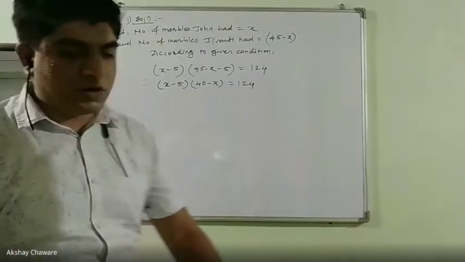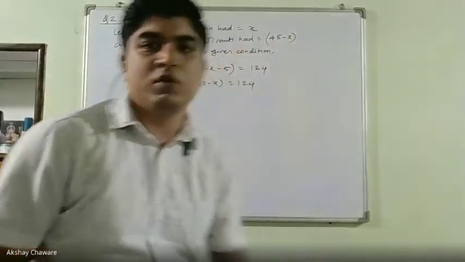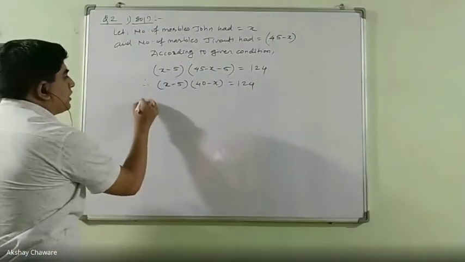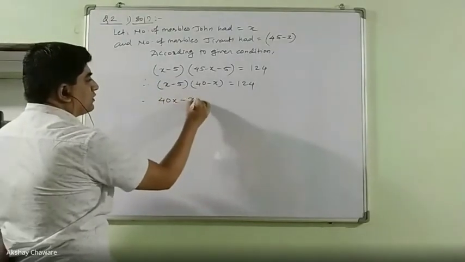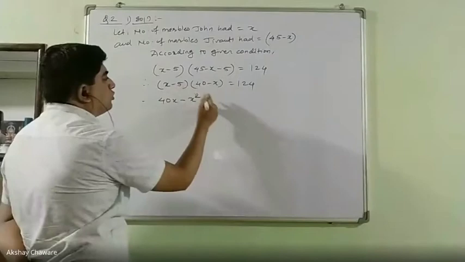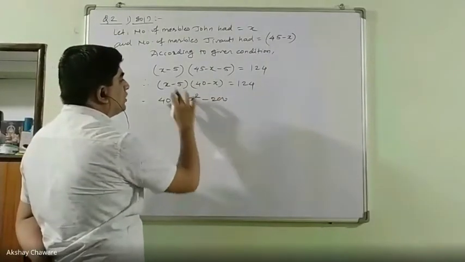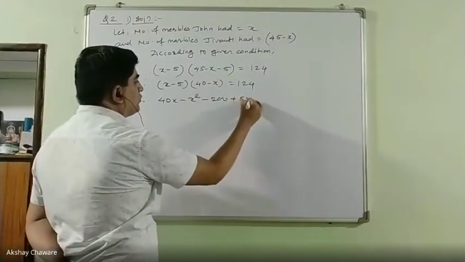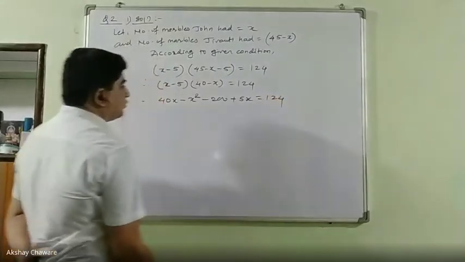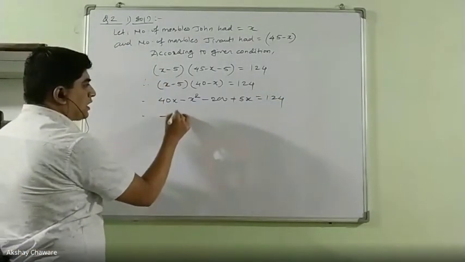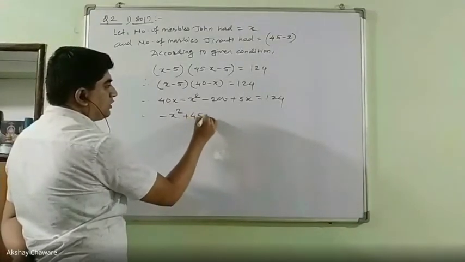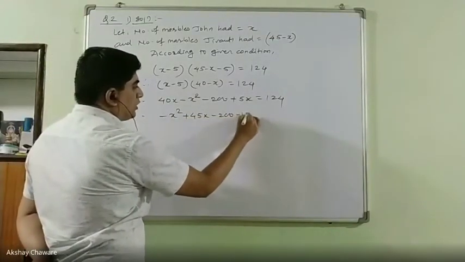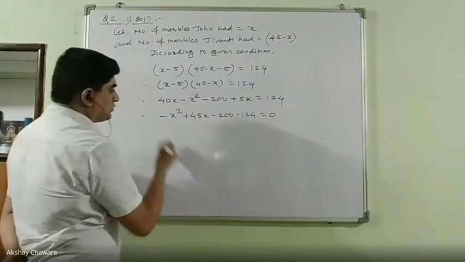So again there are two brackets, x minus 5 and then 40 minus x, equal to 124. We will form a quadratic equation and then solve that quadratic equation for x. So x into 40 is 40x, x into x is x square, 5 into 40 is minus 200, and minus minus plus, so 5x, equal to 124. And therefore minus x square, 40 plus 5 is 45x, then minus 124 is equal to 0.